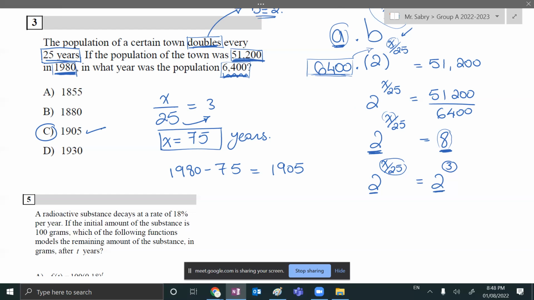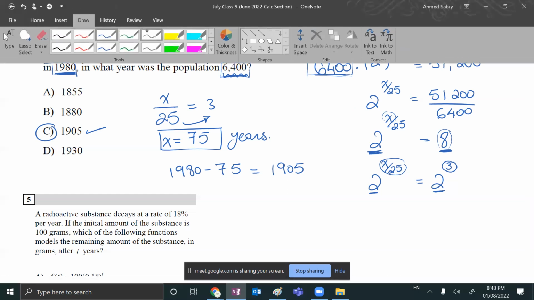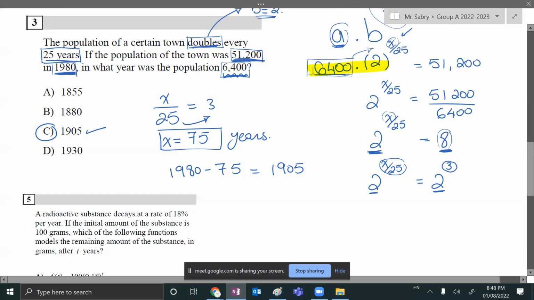So I wrote this equation, or this function, this equation actually right here. The 6,400 multiplied by 2 to the power of x over 25 must be equal to 51,200. Then in order to find the value of x, this is now an equation. Whatever is multiplied here, I move to the other side by division. And I got 2 to the power of something equals 8. Now, this is generally bad, and I can't really solve equations with the variable in the power unless the bases are equal to each other.